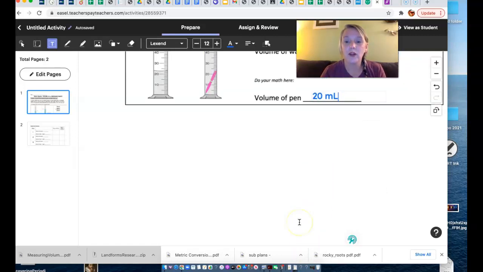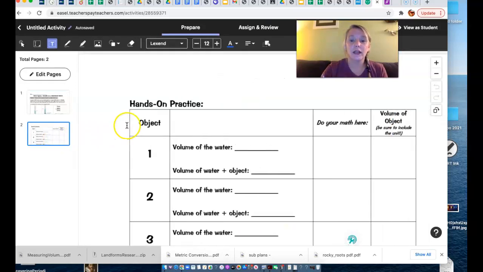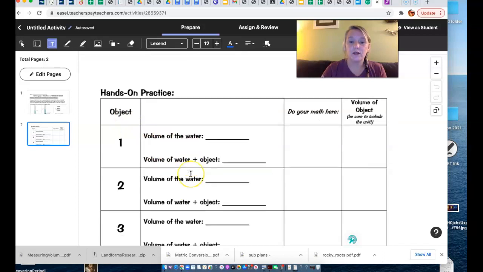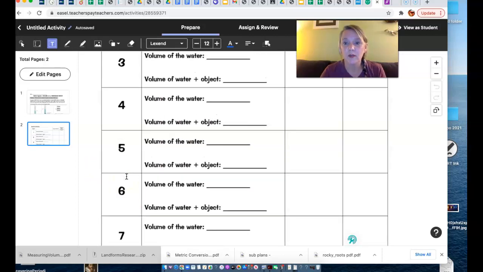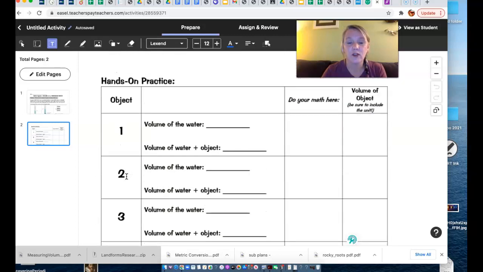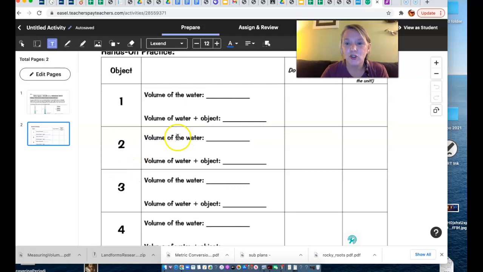All right, today, if we go to the next page, you're going to have the opportunity to do this on your own, and you're going to measure 8 random objects. Mr. Apelia and Joanne was kind enough to get me a big tray of junk. Surprisingly, they were able to find it all around my classroom.